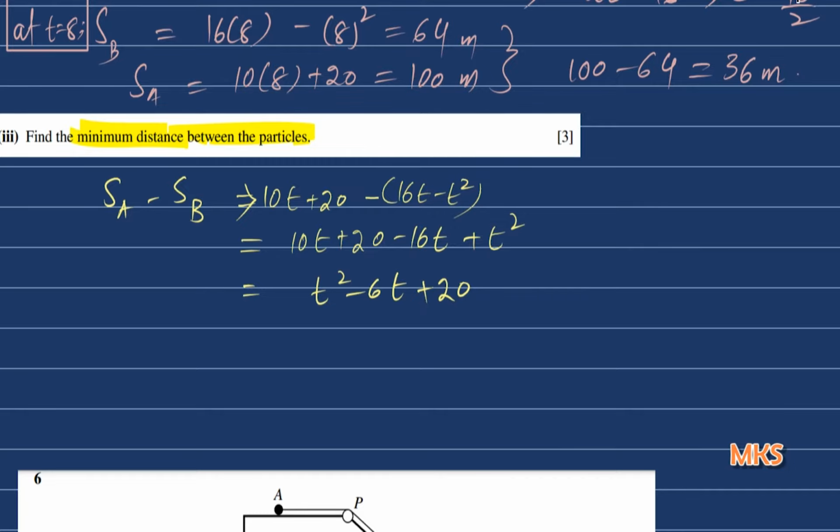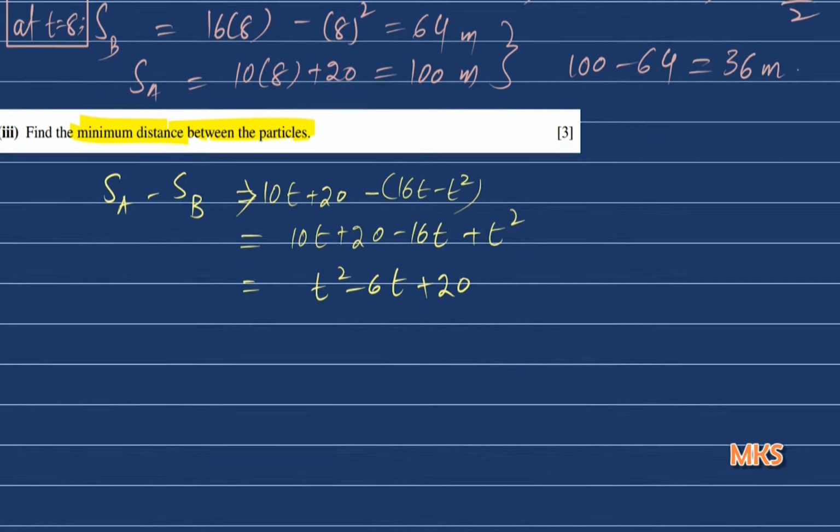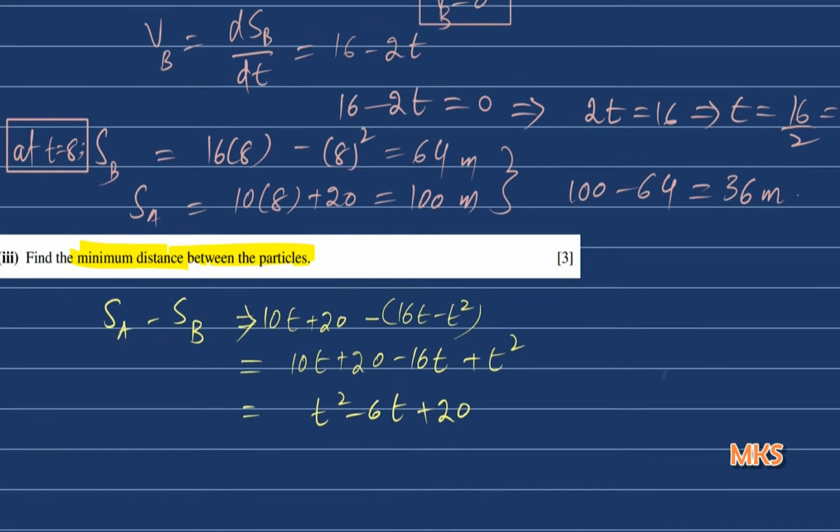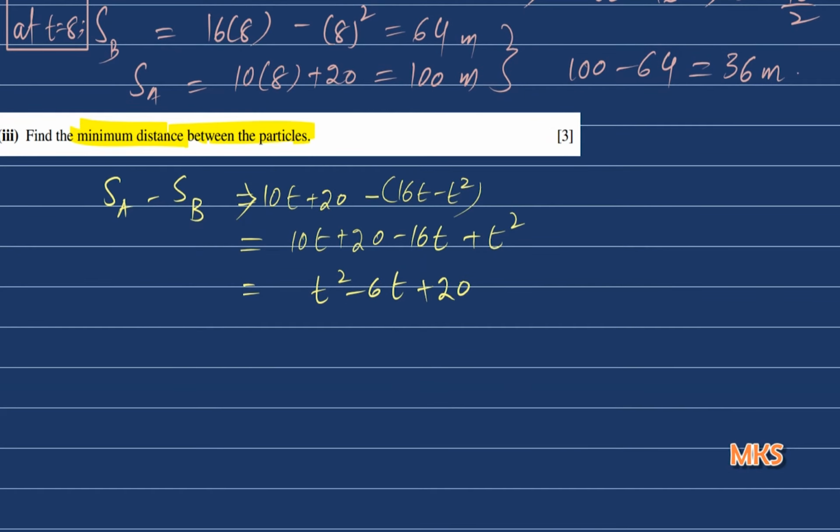To find the minimum value of this quadratic expression, you know the turning point will be this one. Definitely the graph will be like this, and it will have a minimum value. So you just have to find the minimum value.